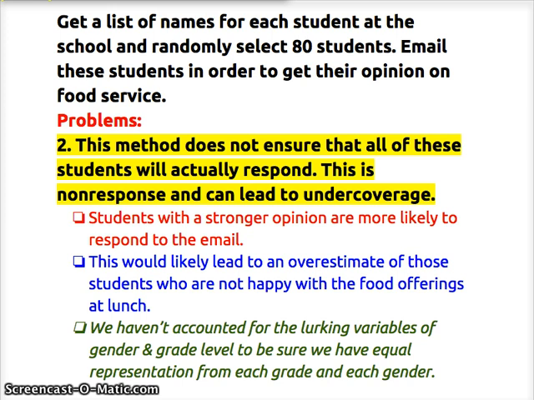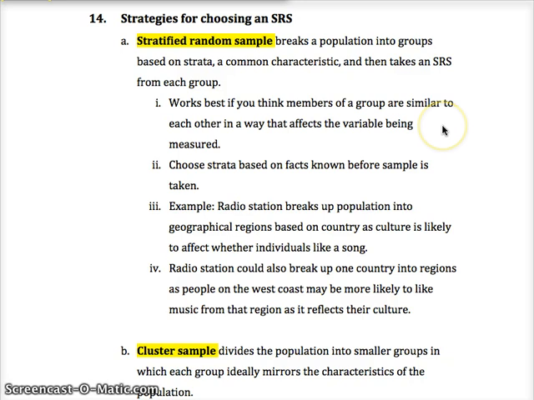So what could we do differently to get a representative sample, grade level, and gender? One strategy is a stratified random sample. So if we think that a characteristic of the population affects the outcome that we're looking at in a systematic way, so if we think gender affects outcome or grade level, for example, we can choose those strata, so grade level, and we can then take a random sample from each of the strata.